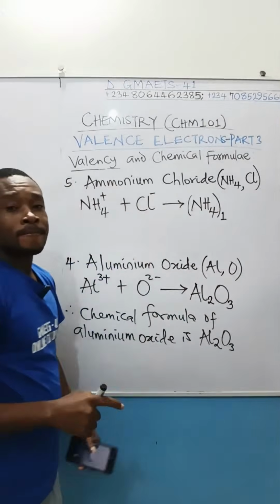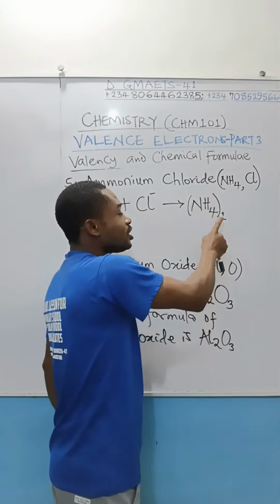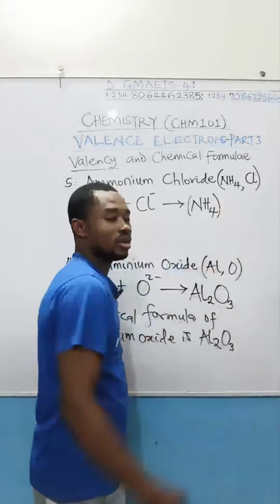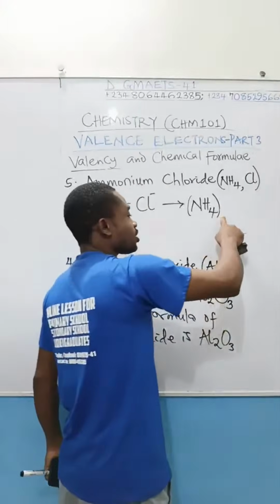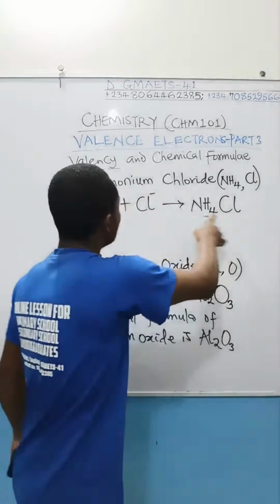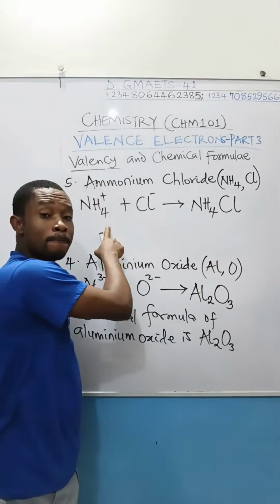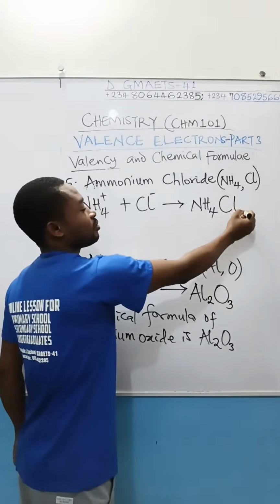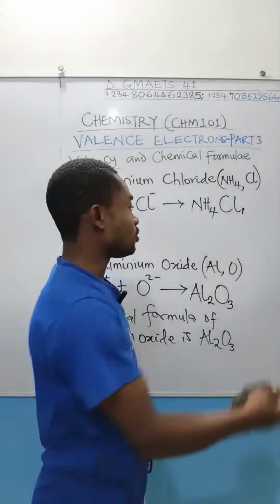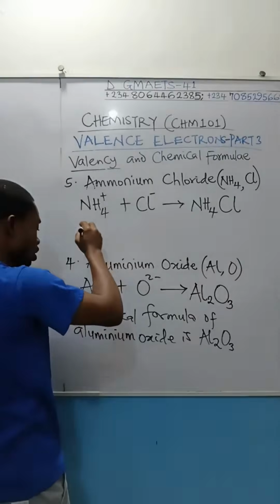Now, this is meant to be in brackets, but because the atomicity of 1 is not shown, there is no need for the brackets. And then you combine it with chlorine. Chlorine is also receiving a valency of 1 from ammonium as its atomicity. But of course, you don't need to show 1. You don't write it, so I'll wipe it. This is the correct chemical formula of ammonium chloride.